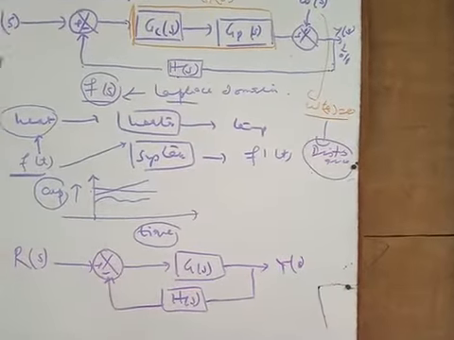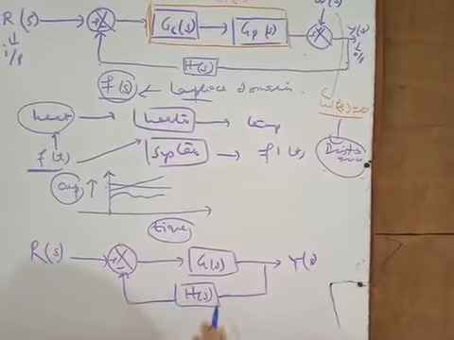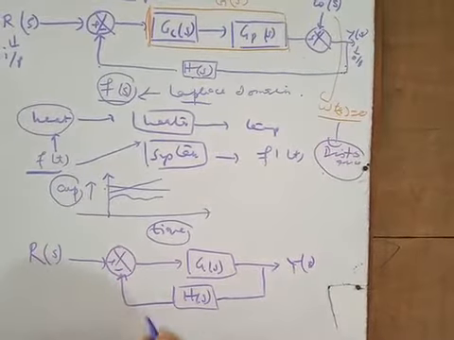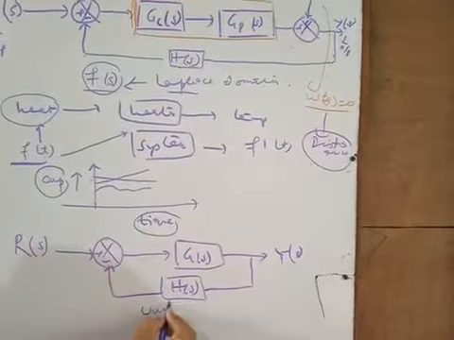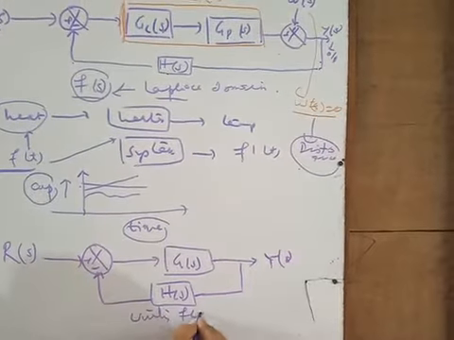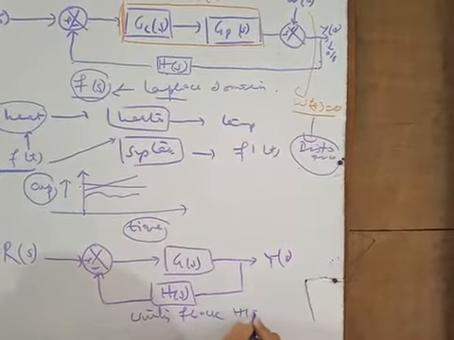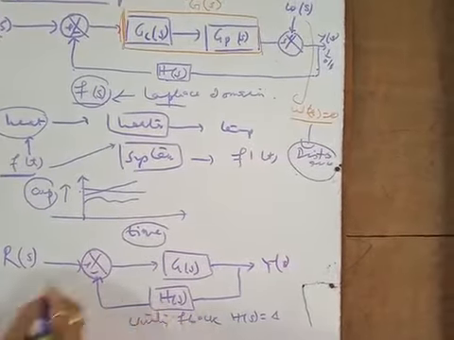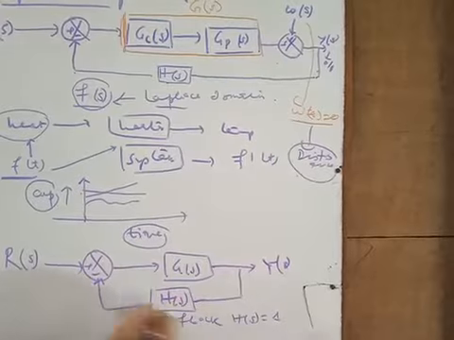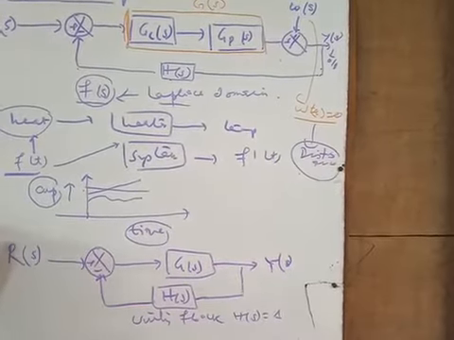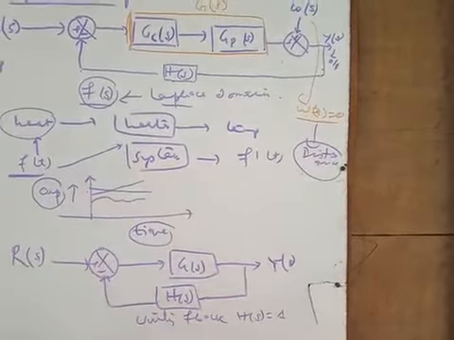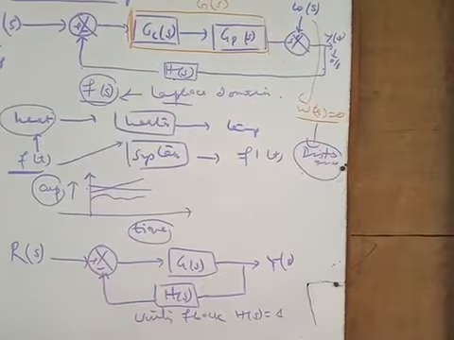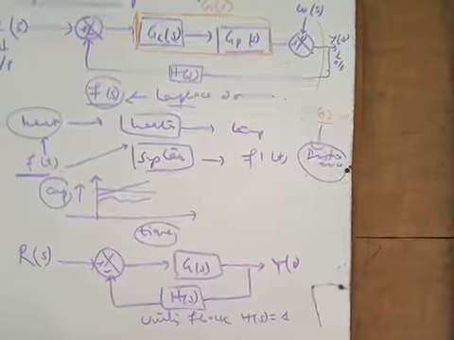Also for a unity feedback system, H(s) is considered to be 1, and once H(s) is 1, this is a single line. So this is your input, this is your output, and this is the transfer function of the system. So you know the basic definition of the transfer function.